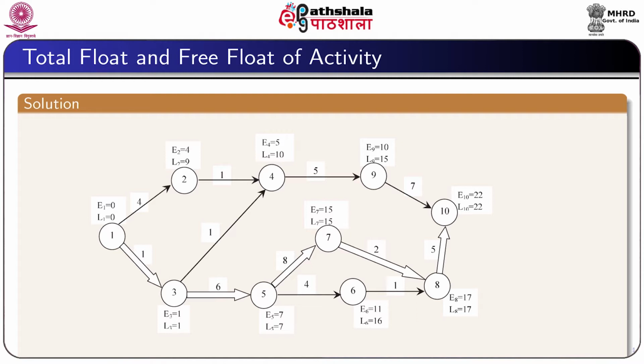That means if we delay the activity 3-4 by 3 units of time, there will be no harm in the starting of the successor activity 4-9. Thus, the free float for the activity 3-4 is equal to 3.